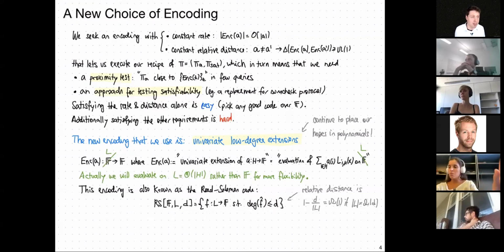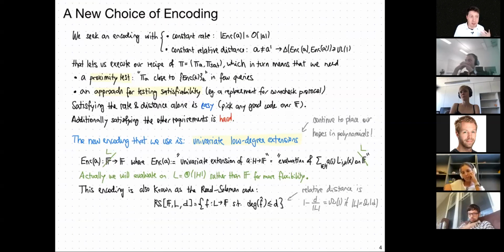An arbitrary code is a combinatorial object that may not have nice structure. For example, a necessary condition for a code to be testable is that it has low weight constraints in the dual code, and not all codes have that. So you can construct codes that are not proximity testable.